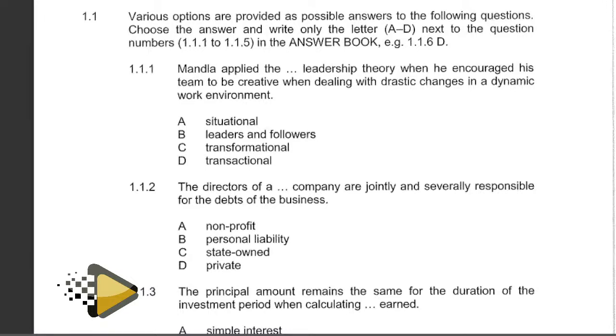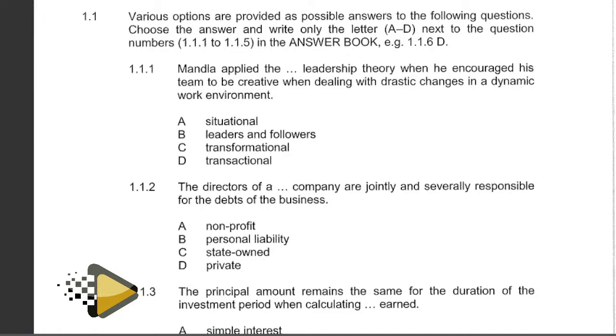Okay, right. So now let's check 1.1.1. 1.1.1 reads as follows. Mantla applied the dash leadership theory when he encouraged his team to be creative when dealing with drastic changes in a dynamic work environment. Okay, right.